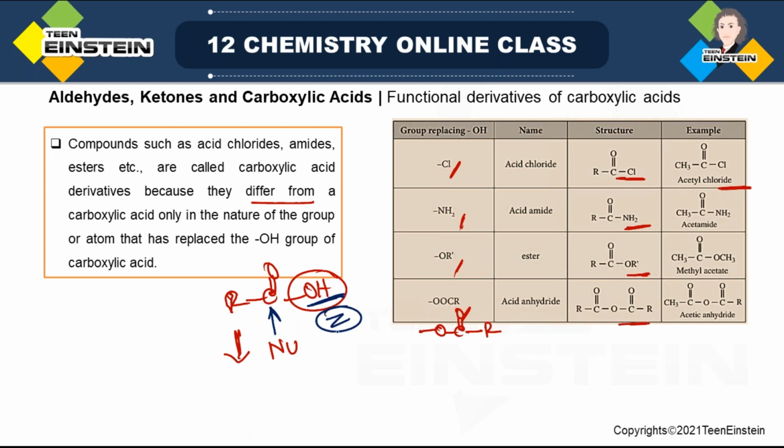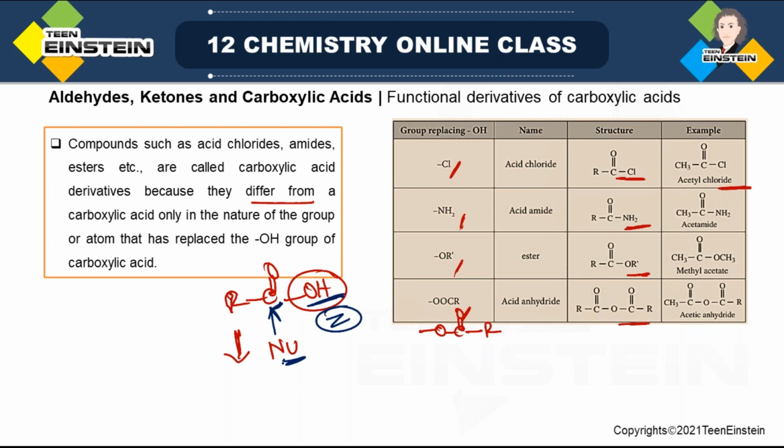Whether this Z is donating or electron withdrawing, depending on that, the electropositive character of carbon may change. If Z is highly electron withdrawing, the electropositive character of the carbonyl carbon will increase. As a result, the nucleophile can easily attack, so reactivity is maximum.